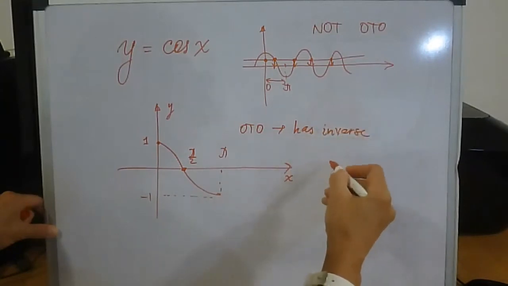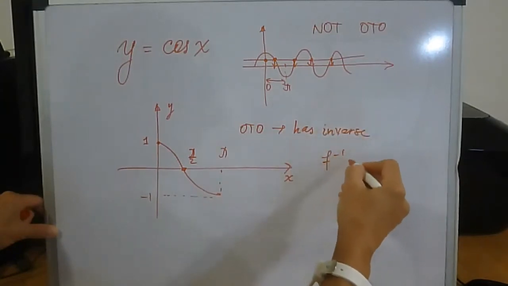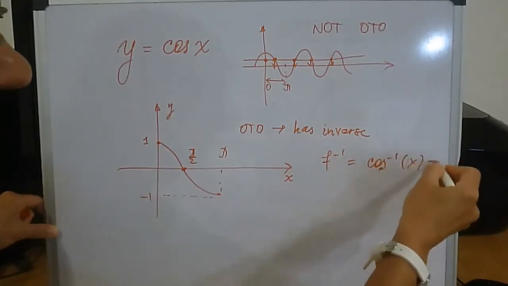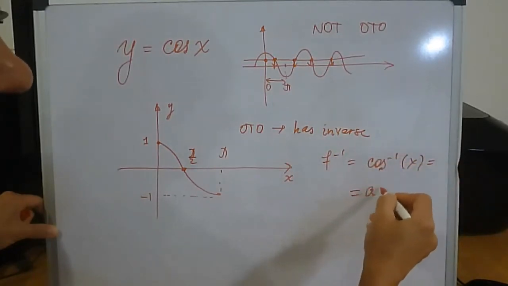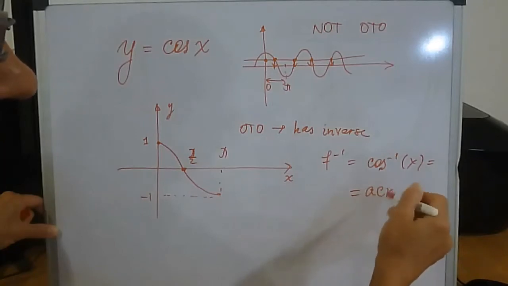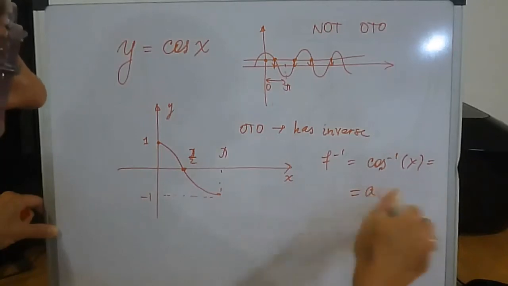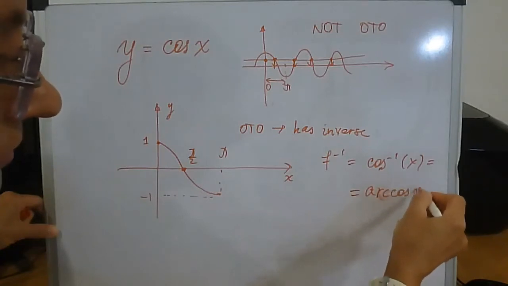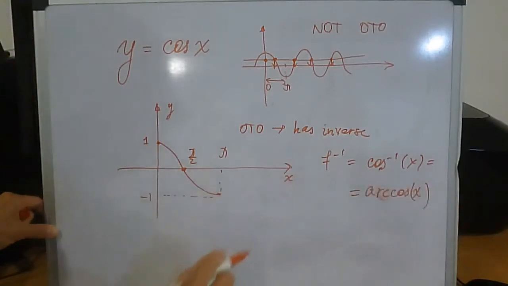And the inverse of this cosine is going to be cosine inverse of x. Also in some books you are going to have arc cosine of x, a different way to write cosine inverse.